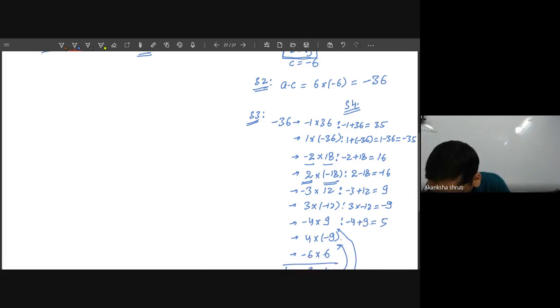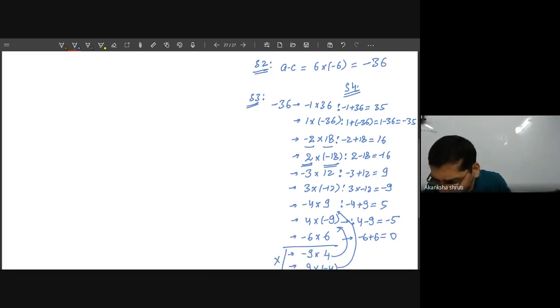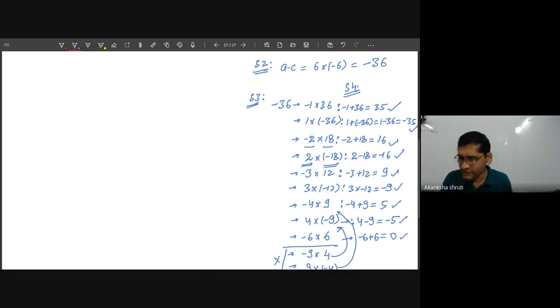If I take this one, we have 4 minus 9, it is minus 5. If I take this one, minus 6 plus 6, it is 0. So these are the possibilities: 35 or minus 35, 16 or minus 16, 9 or minus 9, 5 or minus 5, or 0.